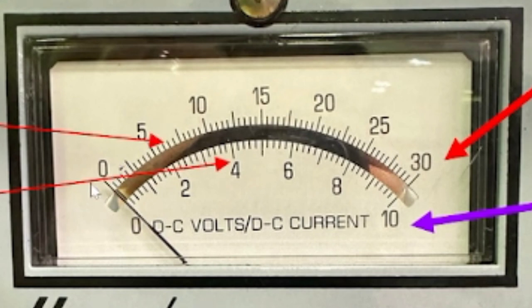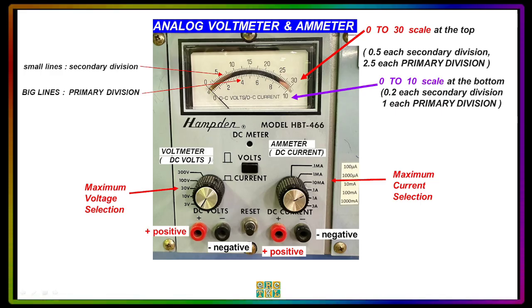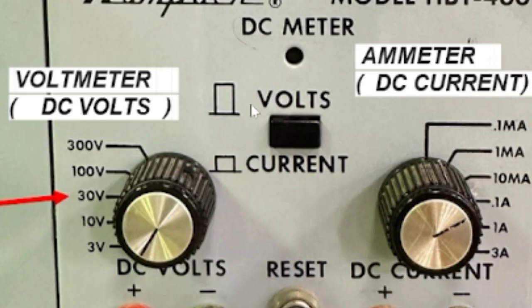We have the 0 to 30 scale, and we also have the 0 to 10 scale. Now, these scales can be used by the voltmeter, and they can also be used by the ammeter. It depends on which position you set for your button here.